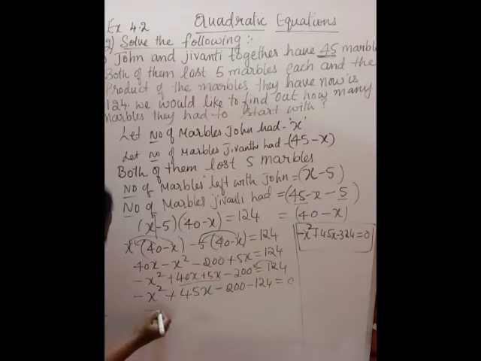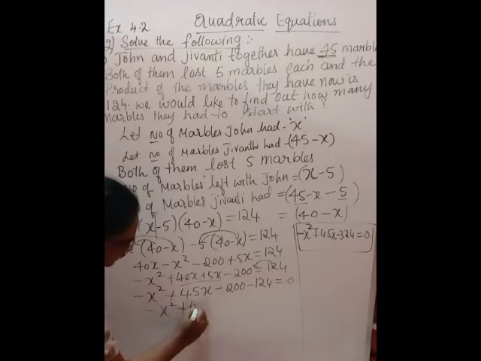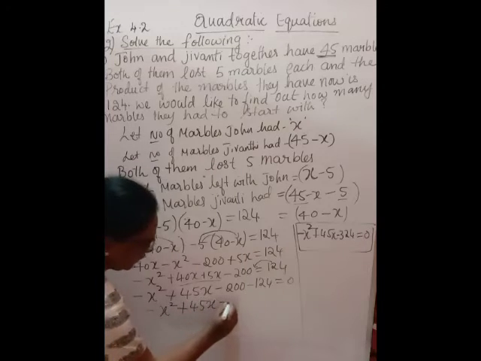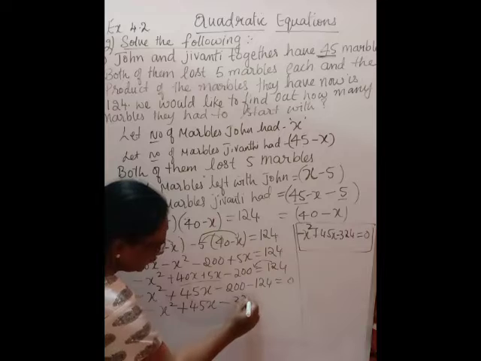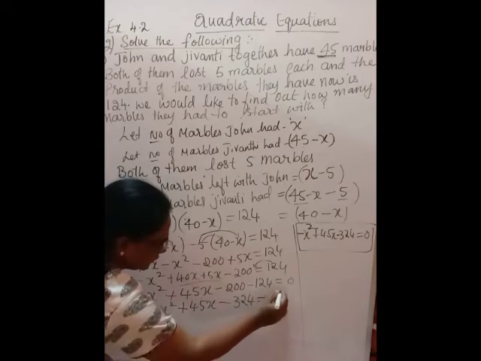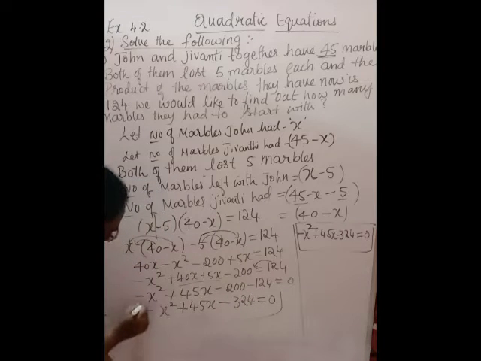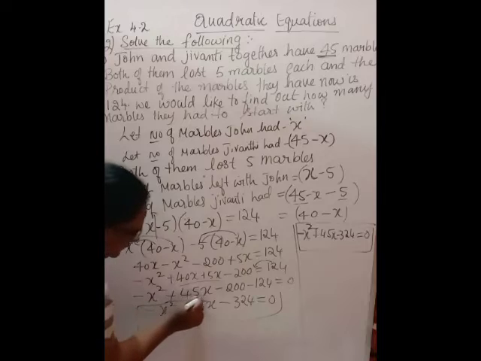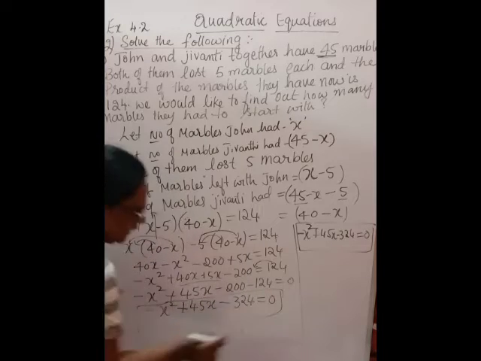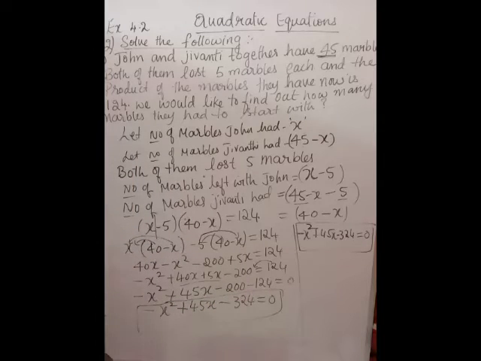Here also I will write, if you want, minus X square plus 45X minus 324 is equal to 0. So this is the quadratic equation I have got after simplifying these two factors. Okay, next I will continue.